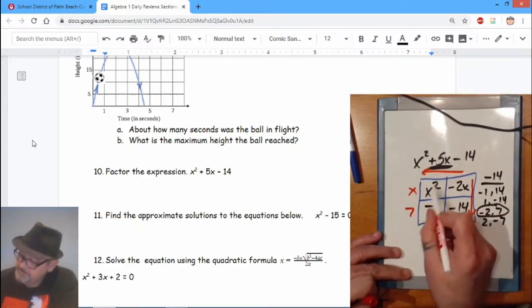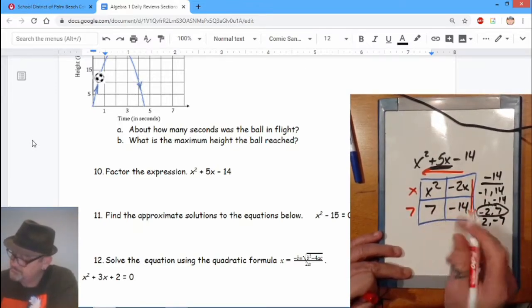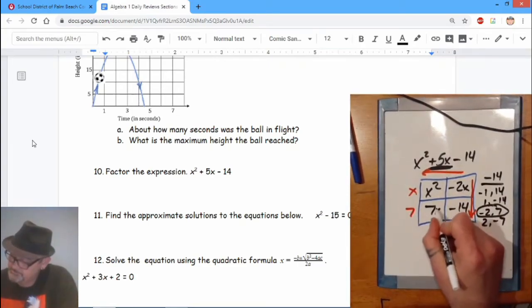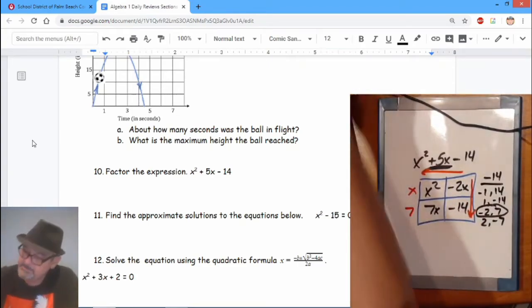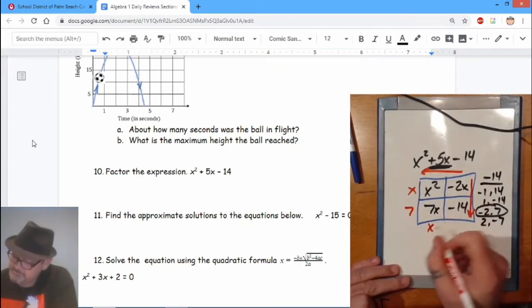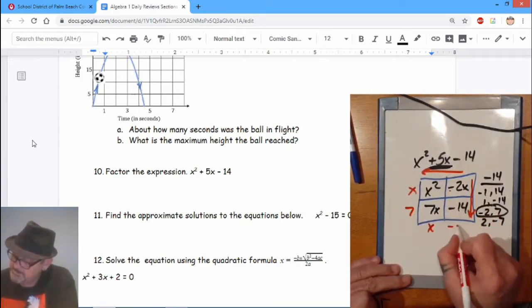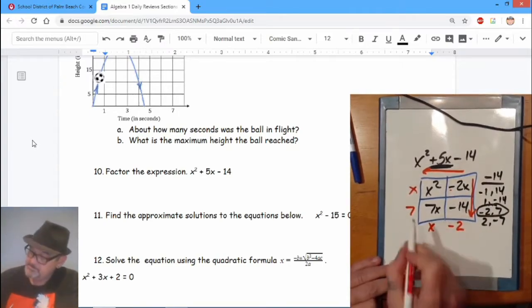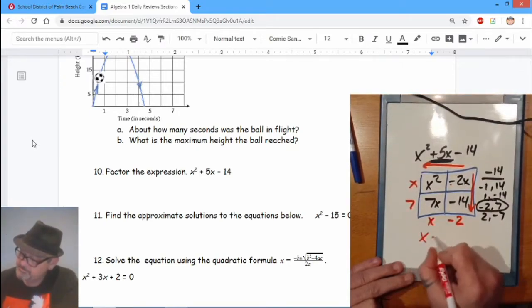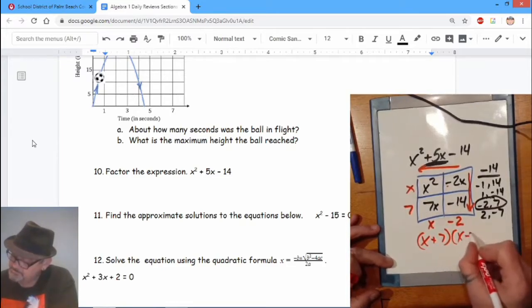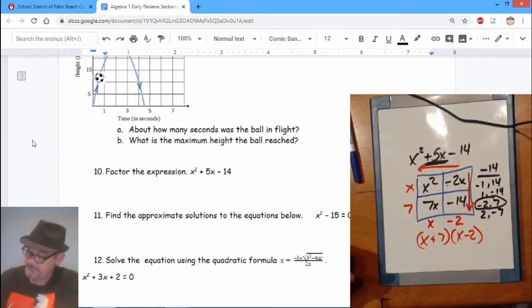Coming down, x squared and 7x, again, is just x. Negative 2x and negative 14 is negative 2. So, here's my two factors. X plus 7, x minus 2. All right.